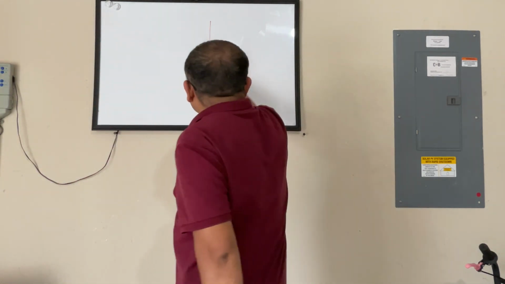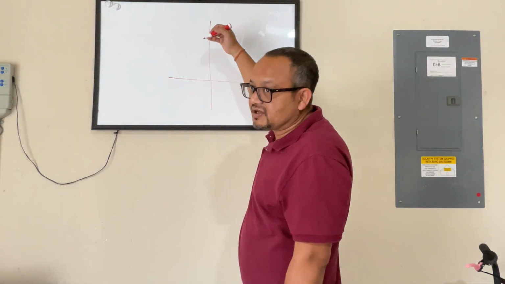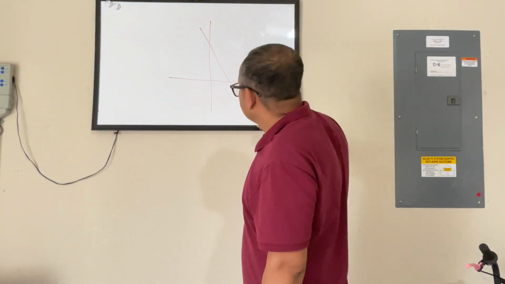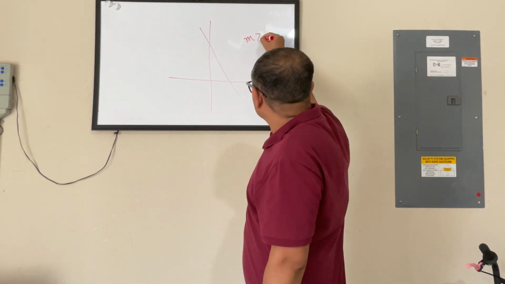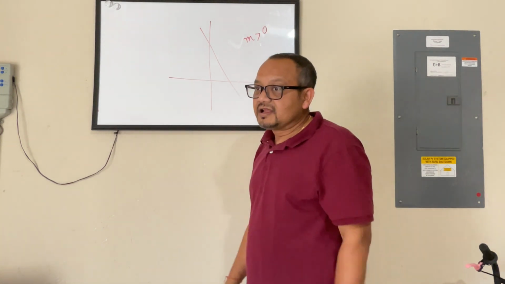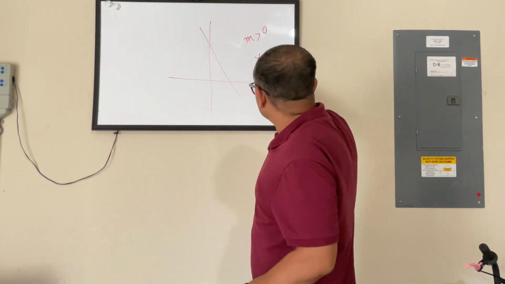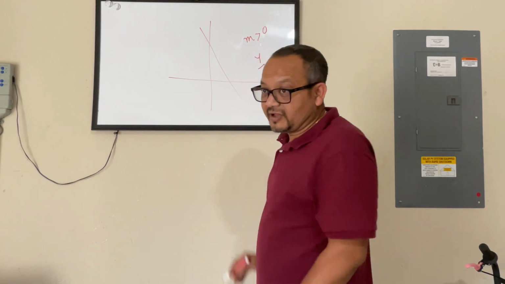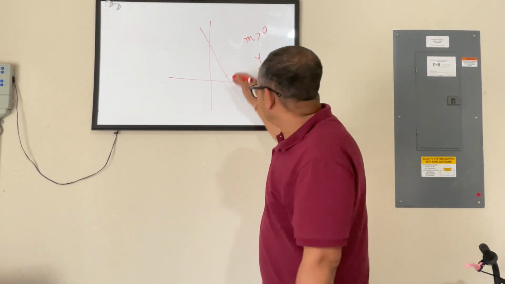So if I'm looking at a graph, okay, let's say my line is y equal to mx plus b in the slope-intercept form. If m is greater than 0, that means slope is positive. Okay, meaning value of y divided by value of x. This is what is called slope. Let's pick up this point.